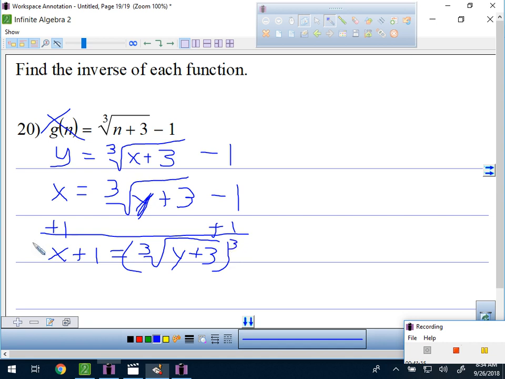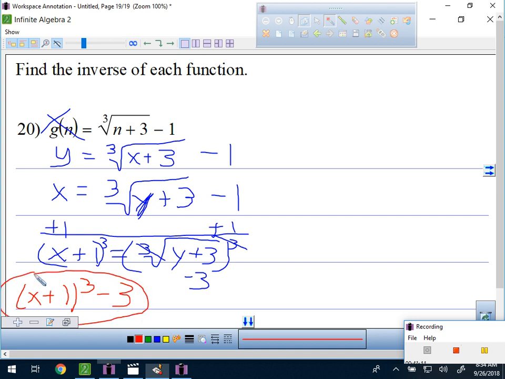That gives me x plus 1 cubed, and on the right-hand side, the cube root and the cube cross out. And then finally, guys, to solve this for y, you're just going to subtract 3. To save me some space, I'm going to change color. So here's my answer: x plus 1 cubed minus 3, and that would be my inverse for that problem. Sorry about the writing, but the pen died. I'm having to let it charge back up. All right, so that's number 20.